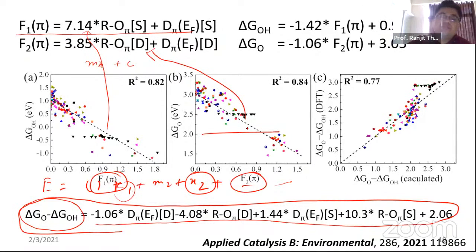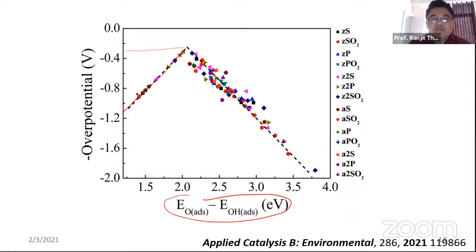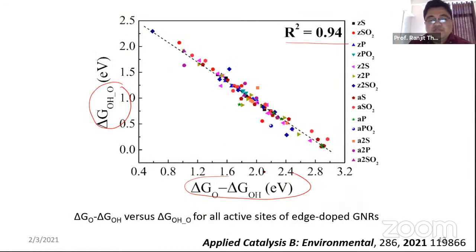That means you don't have to calculate much. You don't have to adsorb oxygen, you don't have to adsorb OH, you don't have to do further calculations, just a simple calculation of the surface, and you can easily find the value. You can easily find your overpotential, because this is the line. Suppose your value of overpotential is this, then where is that? Sorry.